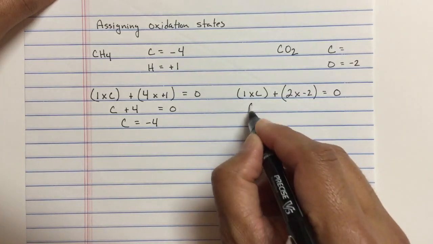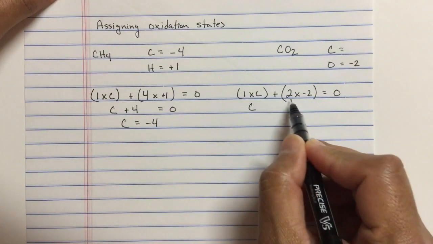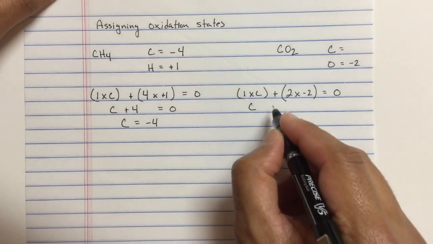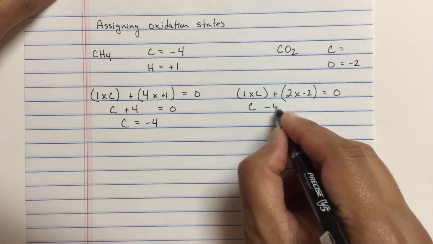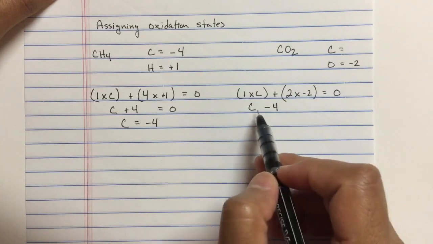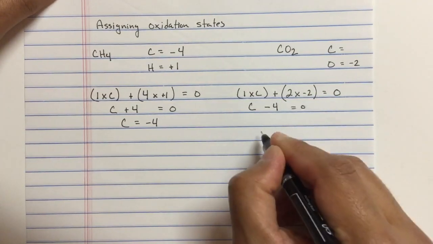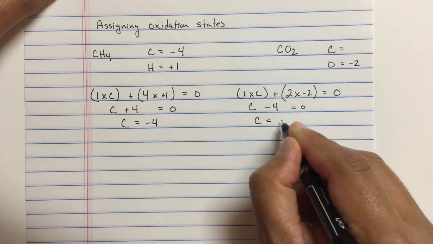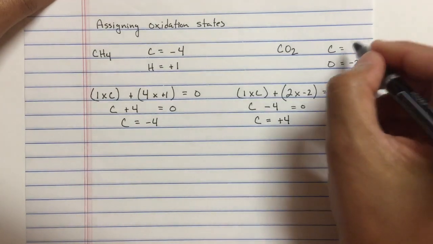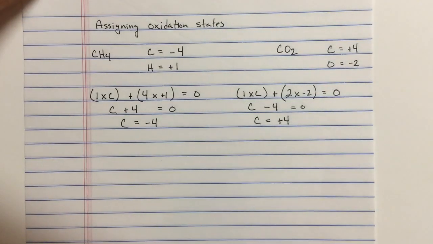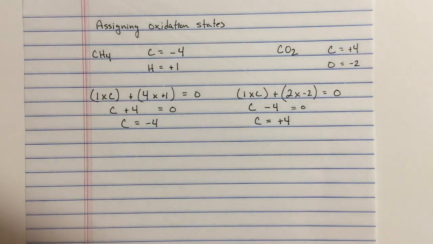So 1 times carbon is just carbon, plus 2 times -2 is -4. So the oxidation state for carbon, in this case, is +4. And you'll notice in the first two examples, we use rules to give us oxidation states for some of these elements. But for elements like carbon, they can have different oxidation states. Let's do another one.